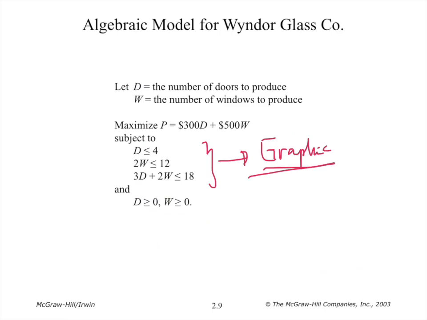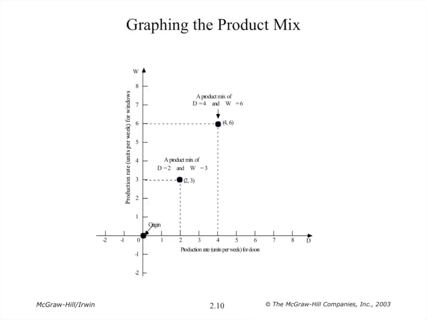We plot in the graph. Yes, that is our graph. We have two axes here. The horizontal axis is the doors, to represent the number of doors, and the vertical axis represents the number of windows that we produce.